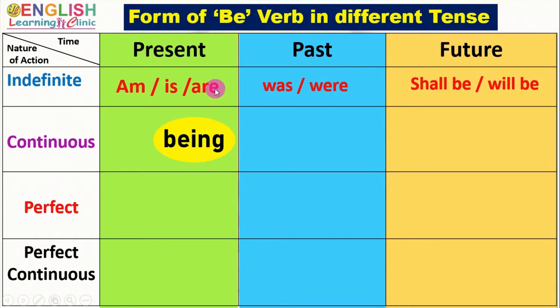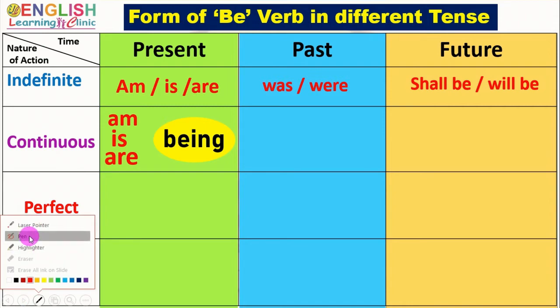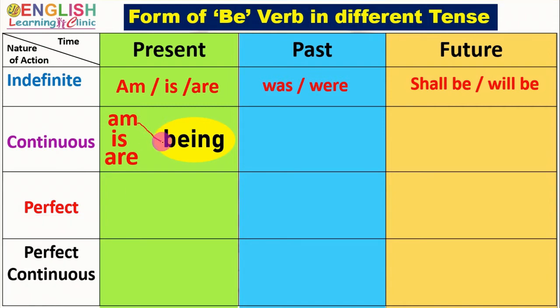So, for present time, the be verb form am or is or are is used. That's why the present continuous form of the be verb is am being, is being or are being.